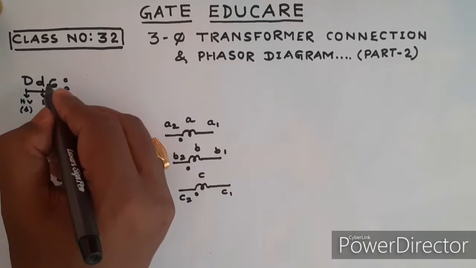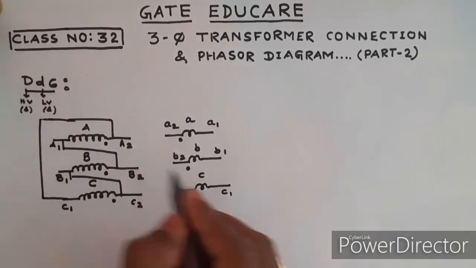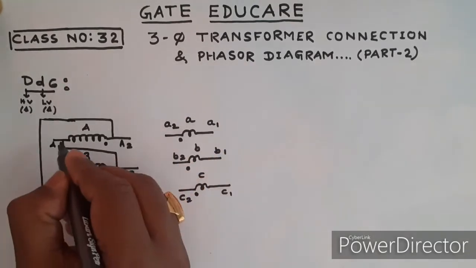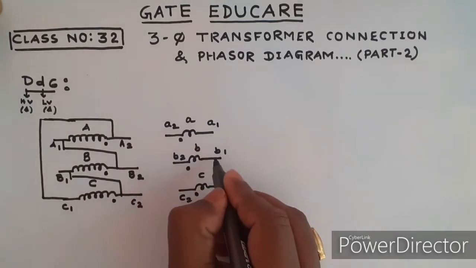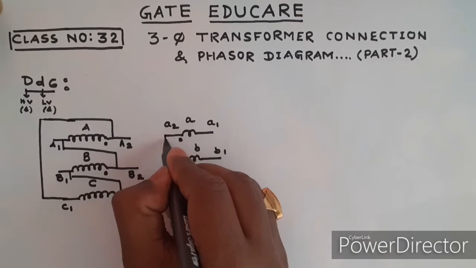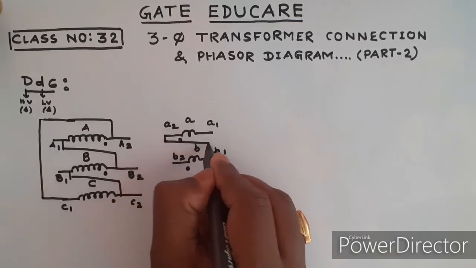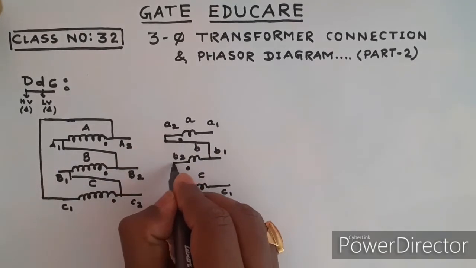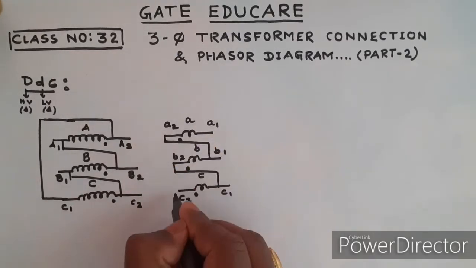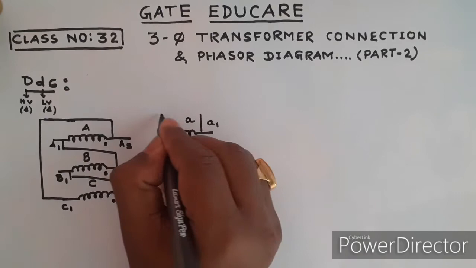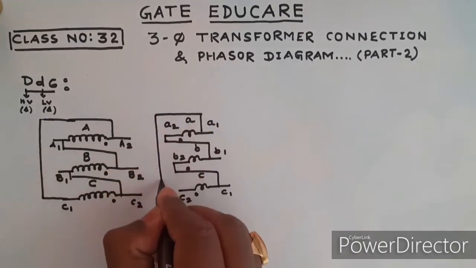Here for DD6, be careful. Here A1 is connected to B2, but in the low voltage winding A2 will be connected to B1, B2 will be connected to C1, and C2 will be connected to A1, like this.